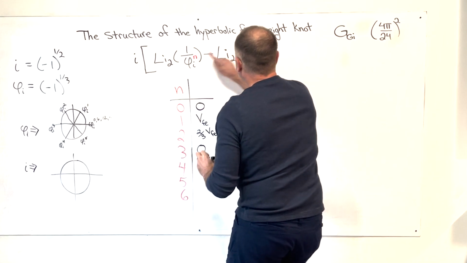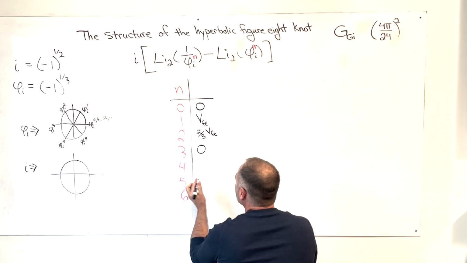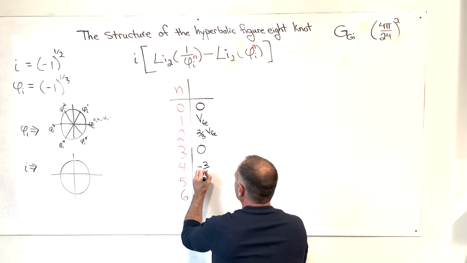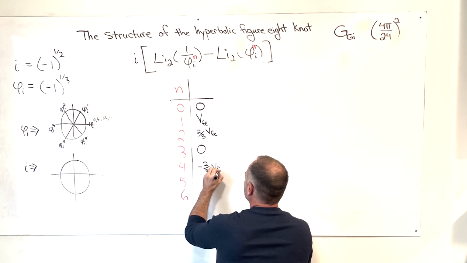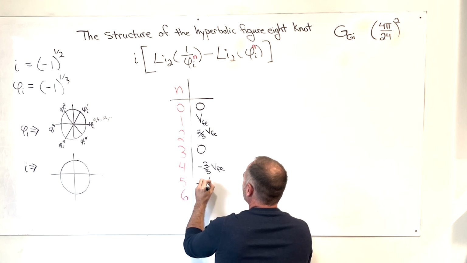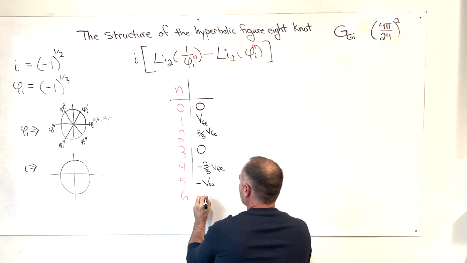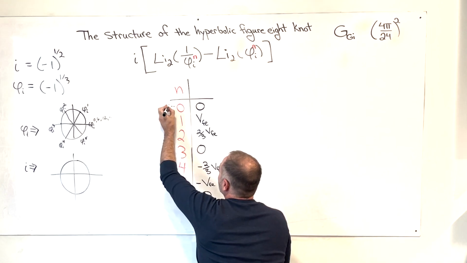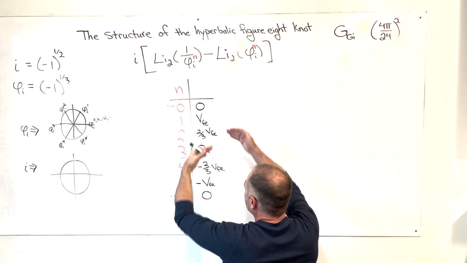If we put 3 in here and there at the same time for n, we get 0. And then we get negative 2/3 VFE. And after that, we get negative VFE. And then we get 0. And this 0 is the same as this 0, because the pattern after that repeats infinitely.